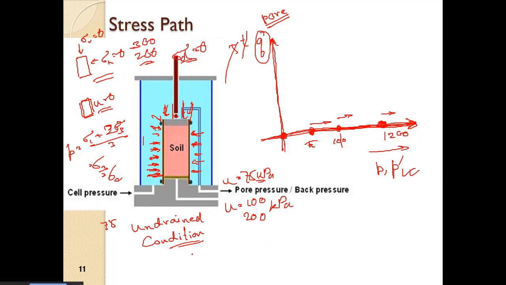If we allow drainage, so now suppose we are at the cell pressure stage of 250 kPa and we see that the pore water pressure is also showing 150 kPa. So we start at that point.